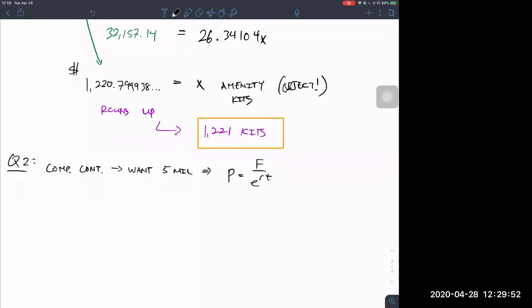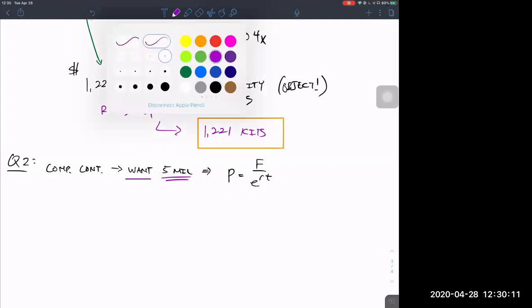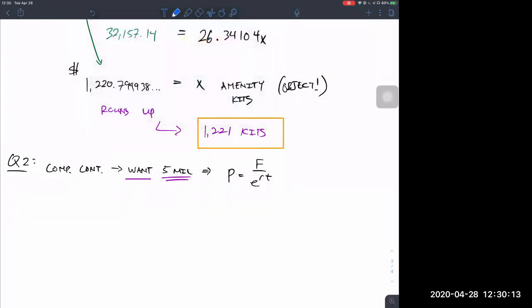Let me say that another way, because I remember I was explaining this to a student, it sounded confusing. You want 5 million in the future, right? So you don't physically have it, but mathematically, you're given that number.